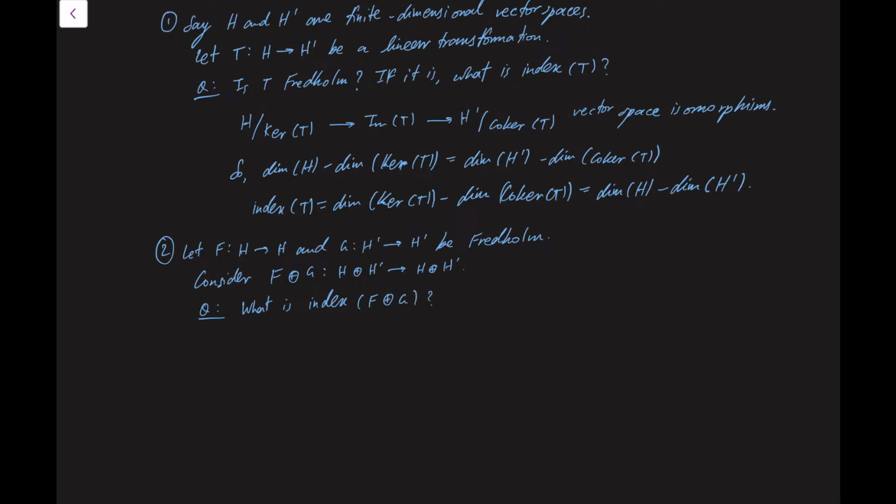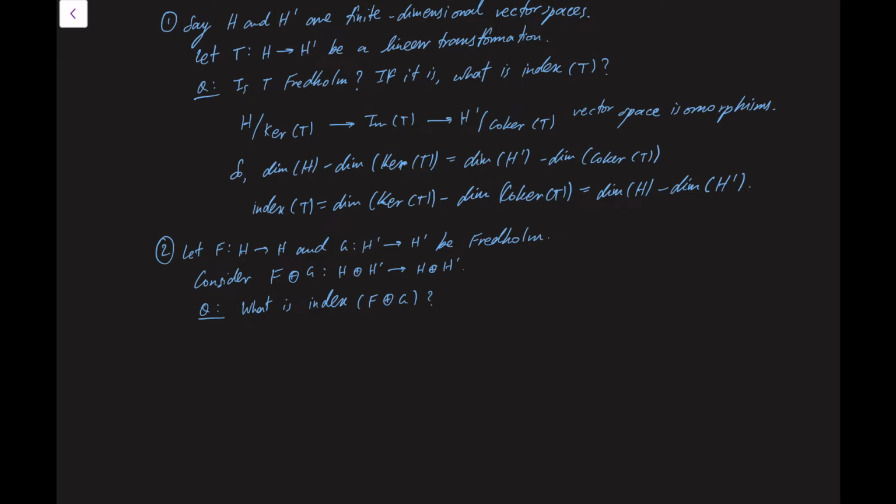Well, this has to be Fredholm because if f and G are Fredholm and they act via a direct sum, then they're acting on a two tuple u comma v. So f direct sum G acts on u comma v, where u is in H and v is in H prime, and they act independently. So their kernels must add and their co-kernels must also add.